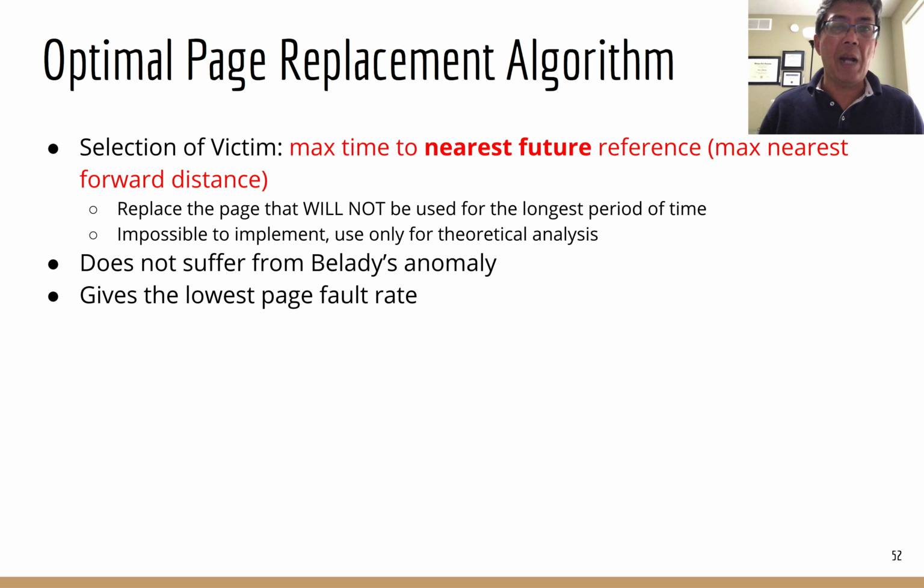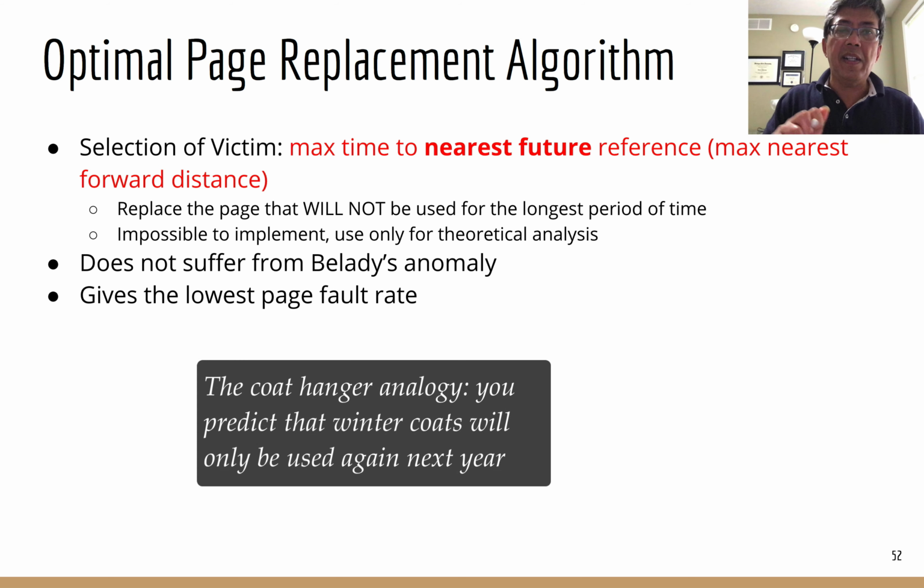So how do we implement the optimal page replacement algorithm? The algorithm will look into the future as if it can predict the future. And again, this is an ideal algorithm which is impossible to implement, but we can use this algorithm as a base case to compare the performance of other algorithms. So how does it work?